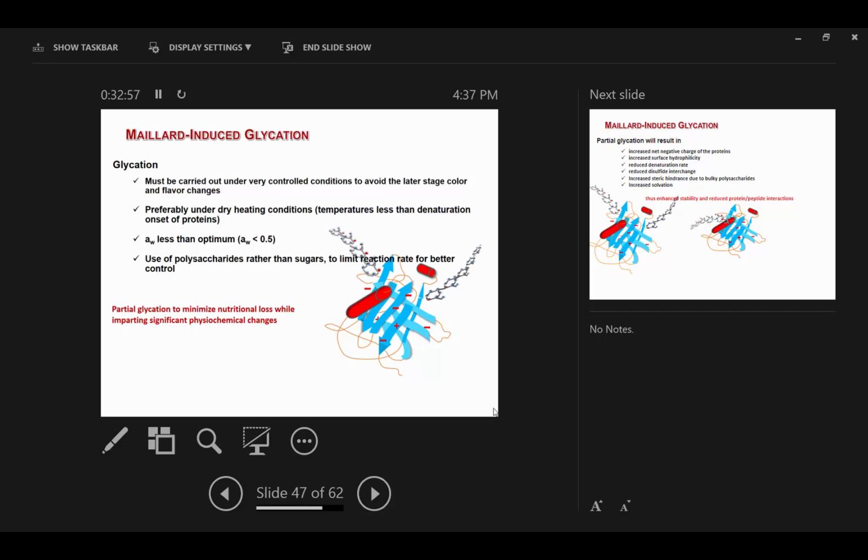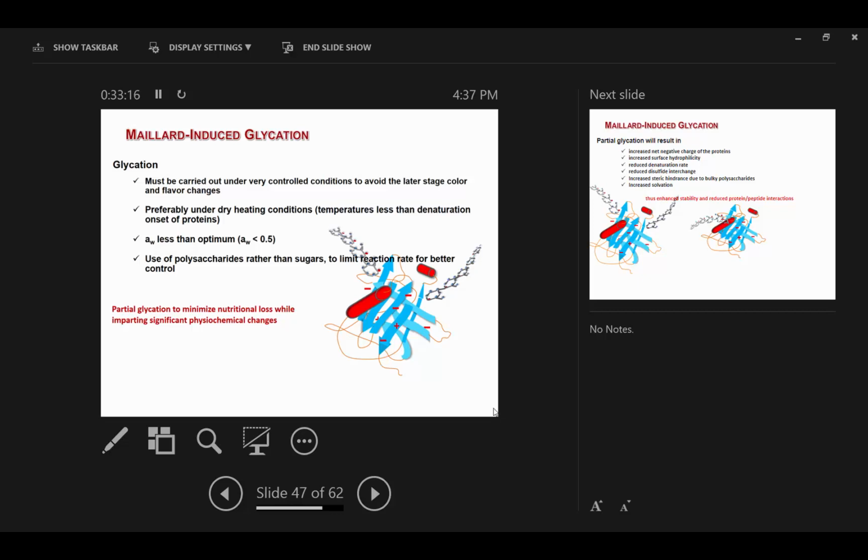And of course you want the reducing sugar. So we look at these conditions and we go, okay, we want the reaction to happen, but we want it to be slow, and we want to be in control of stopping it. So we select less favorable conditions for the Maillard reaction.